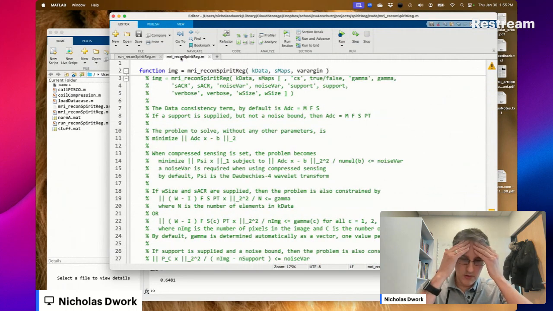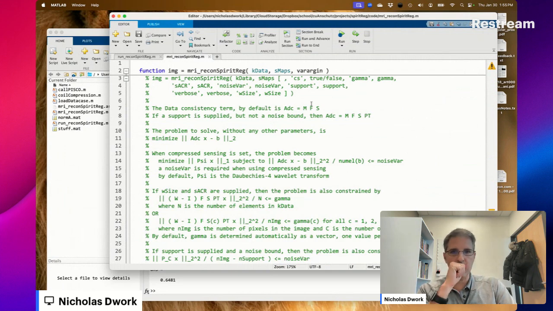Well, we need to know what the L2 norm of AX minus B is, what the variance of AX minus B is, which is sure based on the noise of B, but it seems much more based on A, right? ADC in particular. How bad is that? Well, we could come up with a metric for this. We could calculate this using the auto-calibration region.